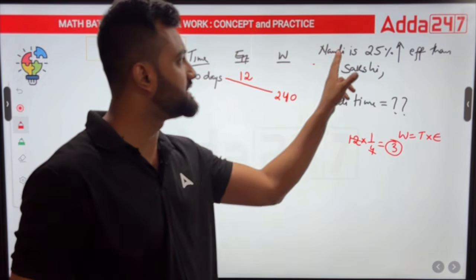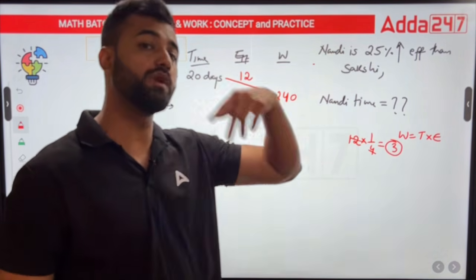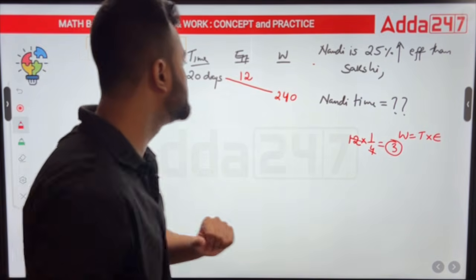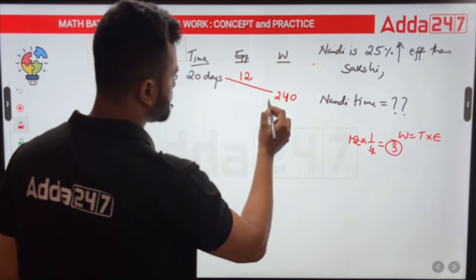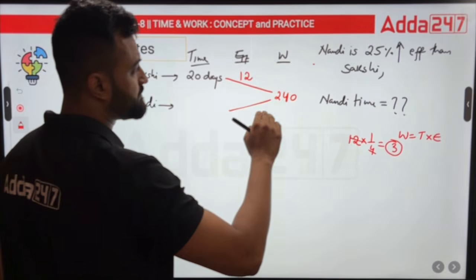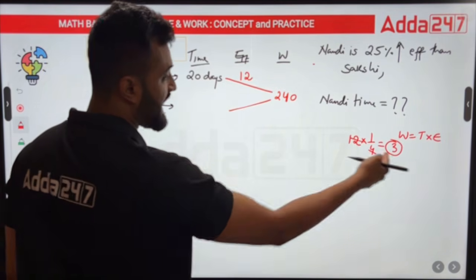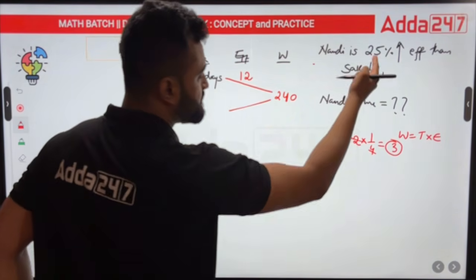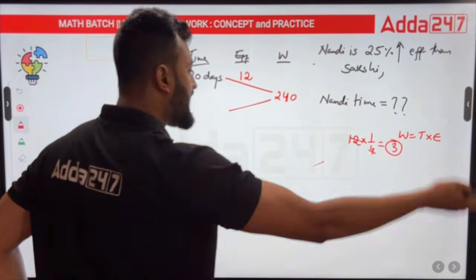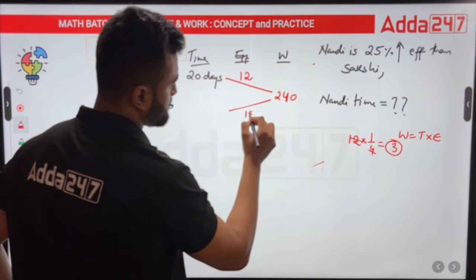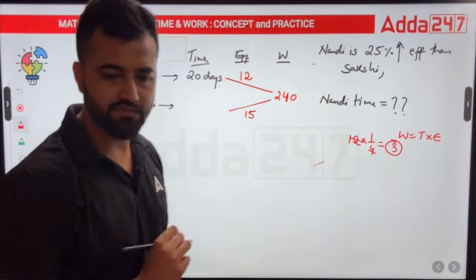Now I said that Nandi is 25% more efficient. That means if Sakshi is 12, then Nandi would be 25% more, so in 12 you have to add these 3. This is the 25% of 12. So you add it here, that means 15. Got it? How did we get the efficiency of Nandi?